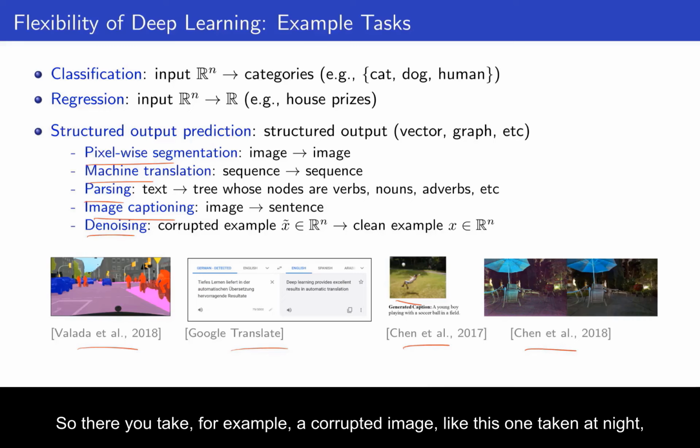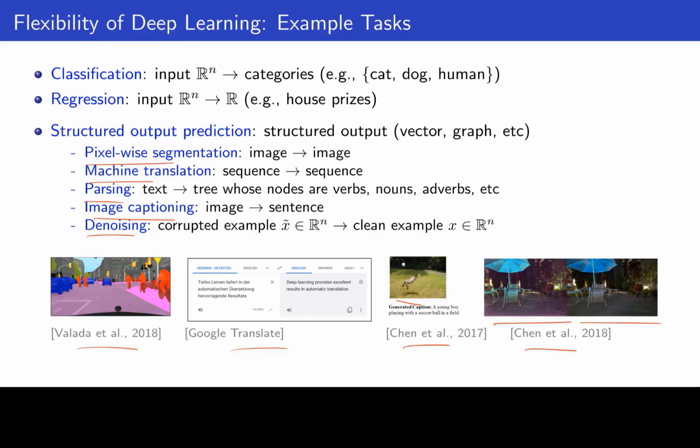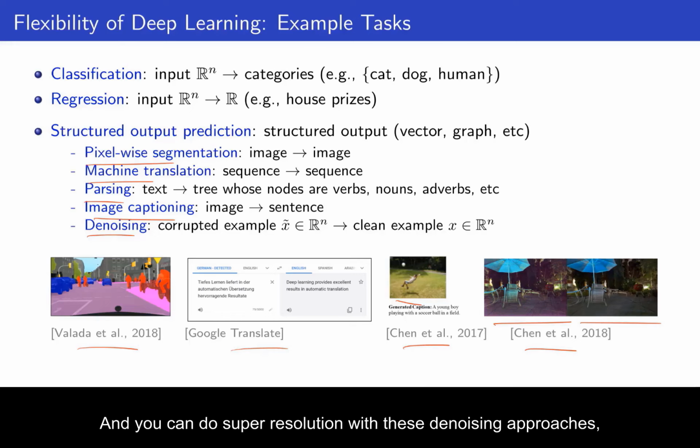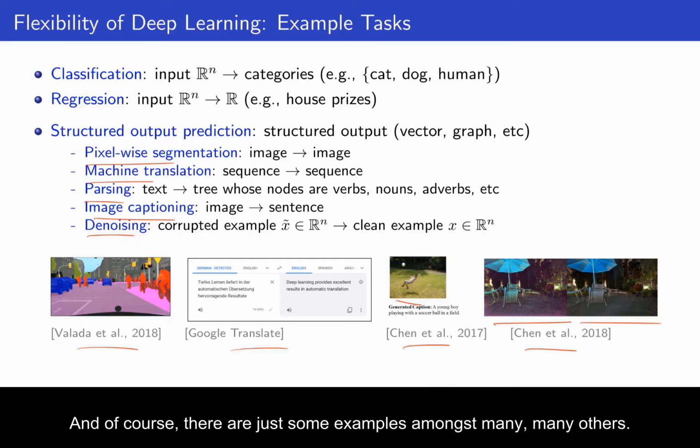So there you take, for example, a corrupted image, like this one, taken at night, and output a cleaned image that looks like a daylight version thereof. And you can do super resolution with these denoising approaches, and all of these tasks have already been successfully addressed using deep learning. And of course, they're just some examples amongst many, many others.